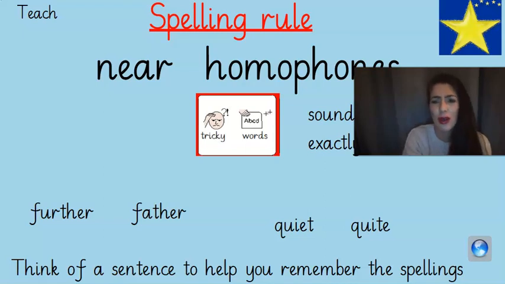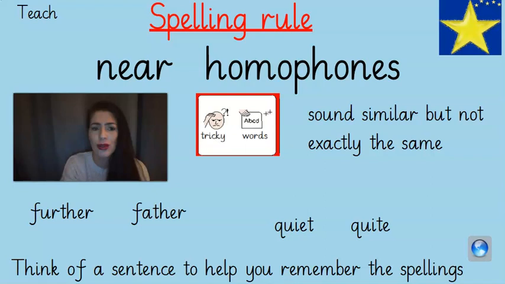There's also some words that are called near homophones. Near homophones sound a little bit similar, but they're not exactly the same, so sometimes we can hear the difference. So we've got further and farther. Sound a little bit the same, but further, farther.